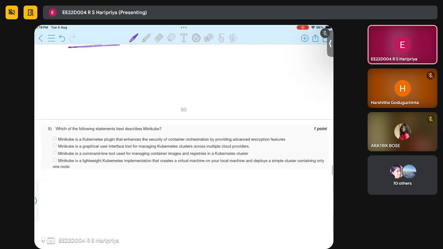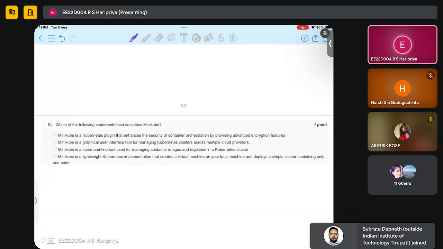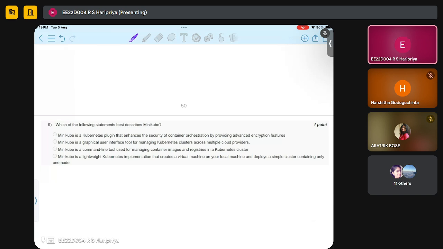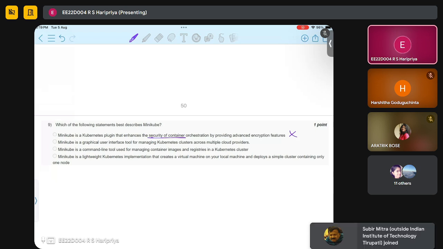Next question. Which of the following statements best describes Minikube? So Minikube is a plugin that enhances the security of the container. So a security plugin is not the description for Minikube.